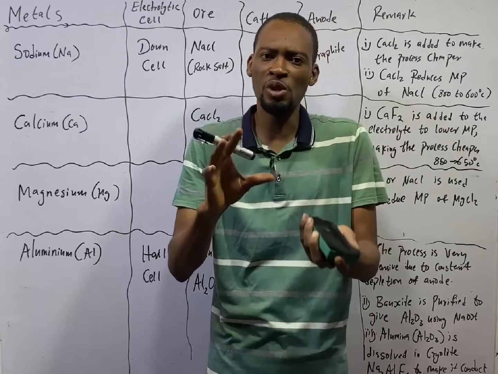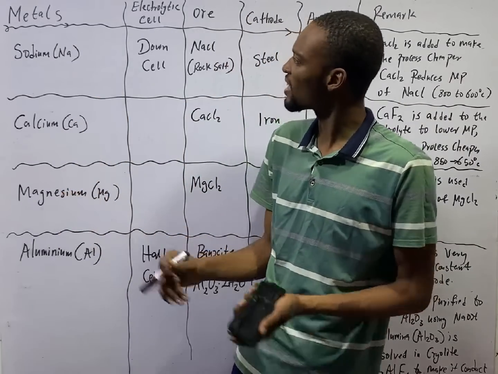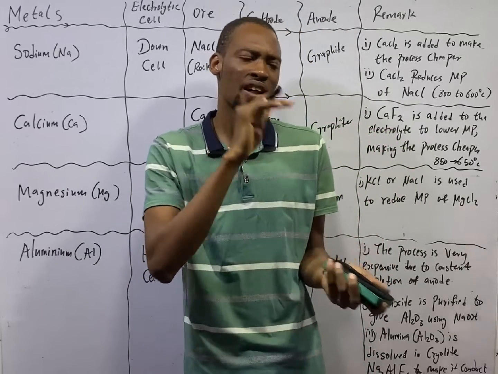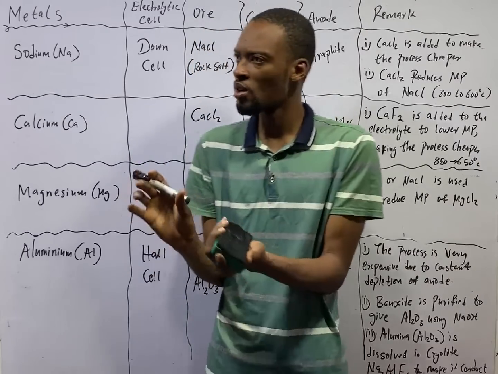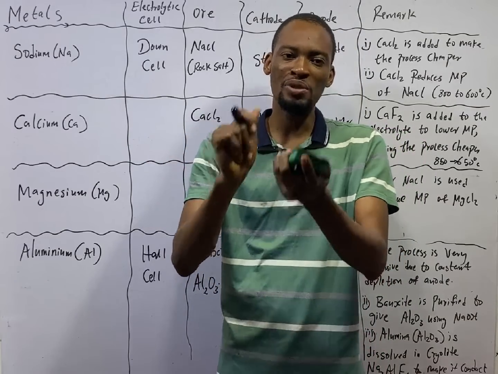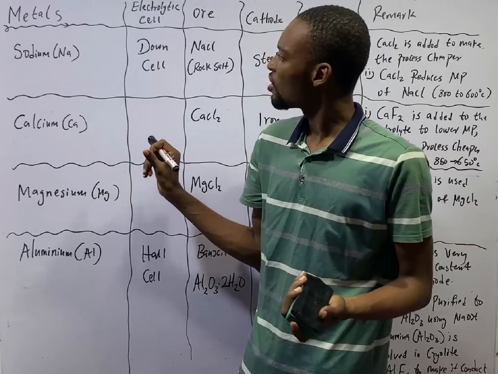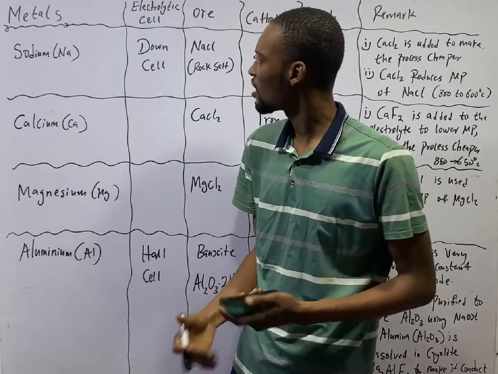Jamb expects you to know how these top four metals are extracted via electrolysis and the things you should know. And Jamb also expects you to know the ores of certain metals, which we shall look at in the next episode. Sodium, calcium, magnesium, and aluminium.